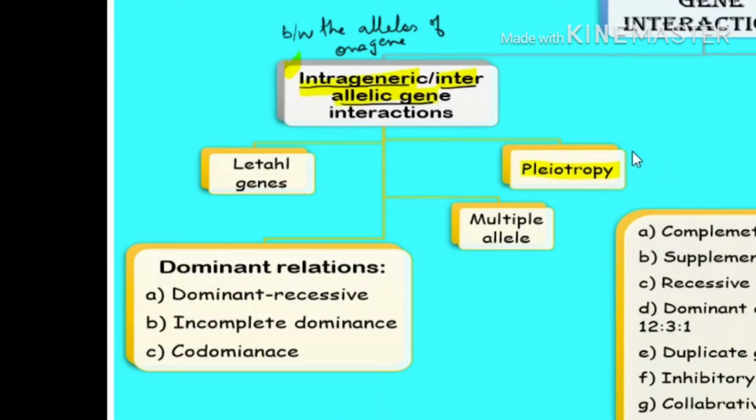In pleiotropy, one gene controls many characters. Another is multiple alleles. Multiple alleles means one gene has more than two alleles.